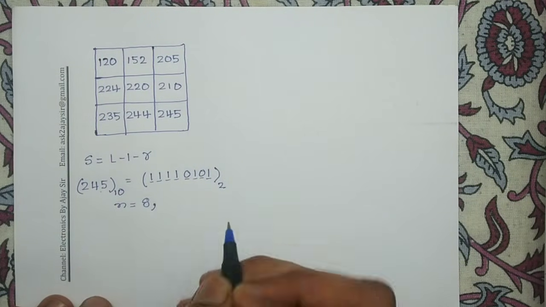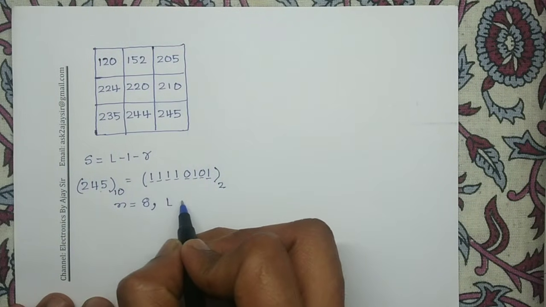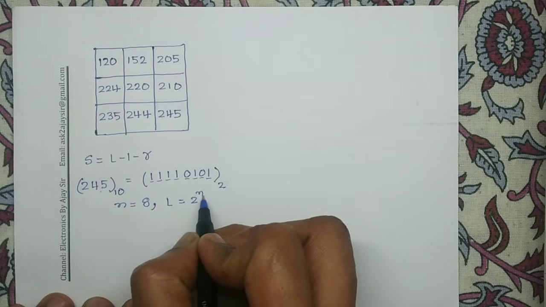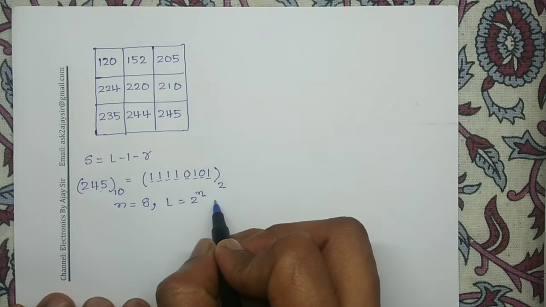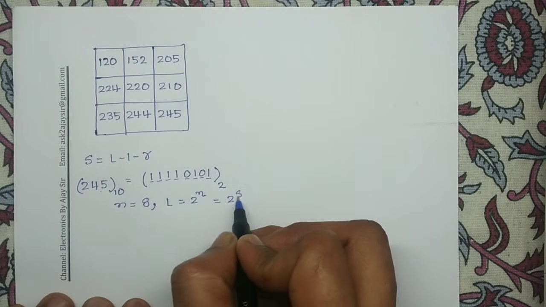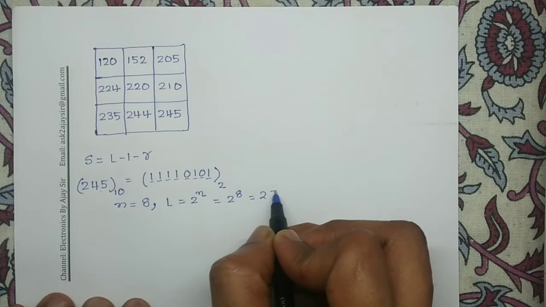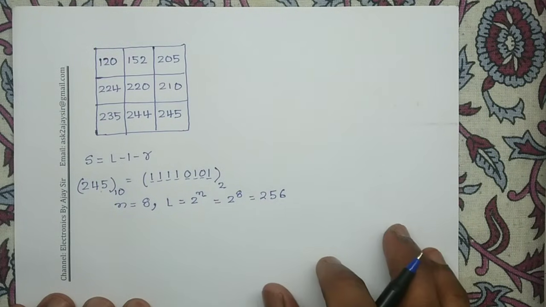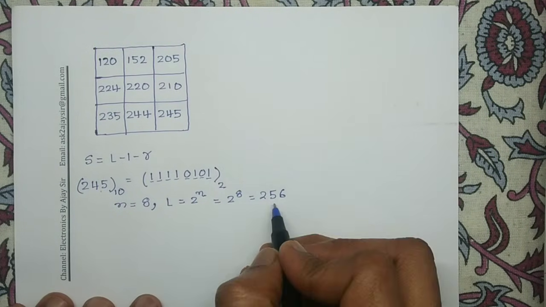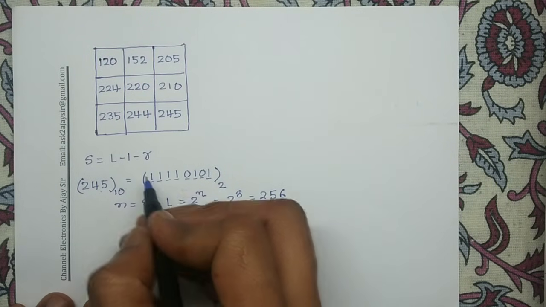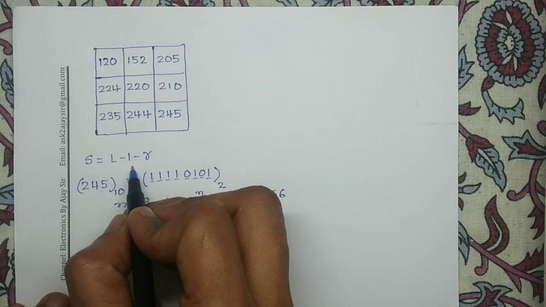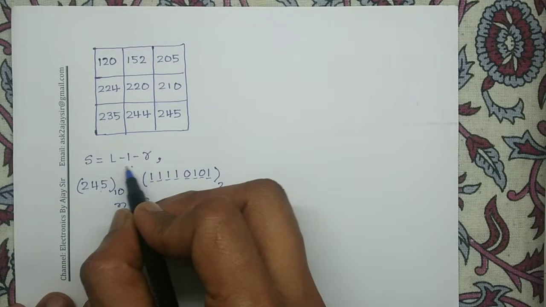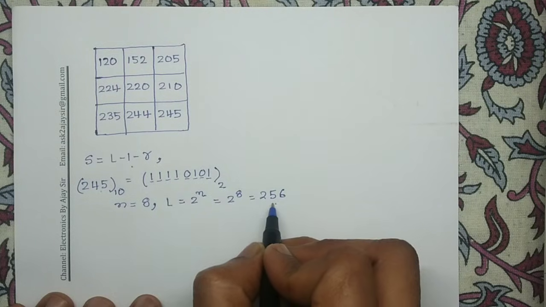If n equals to 8, we know the equation of L. L equals to 2 to the power n. So L equals to 2 to the power 8, that is equals to 256. So now we got the value of L, that is 256. Now we will substitute this value in the equation and obtain the equation of S. In place of L, we substitute 256.